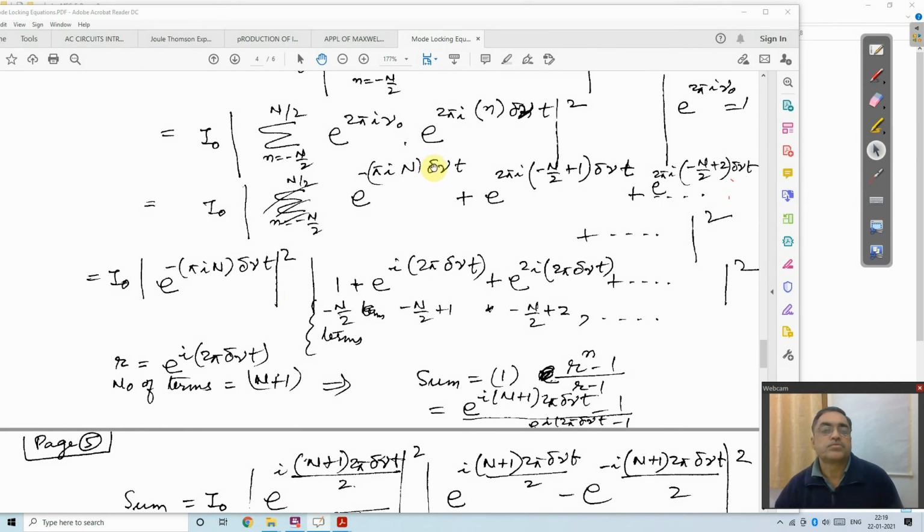This is taken out, you see here, and inside a geometrical progression is formed, where the common ratio is e raised to iota 2 pi delta nu t for n plus 1 terms, and the sum is given by r raised to n minus 1 over r minus 1, where we raise to n plus 1 by 2, and n plus 1 terms are there.